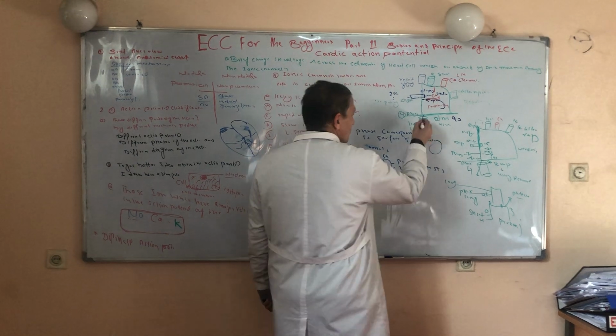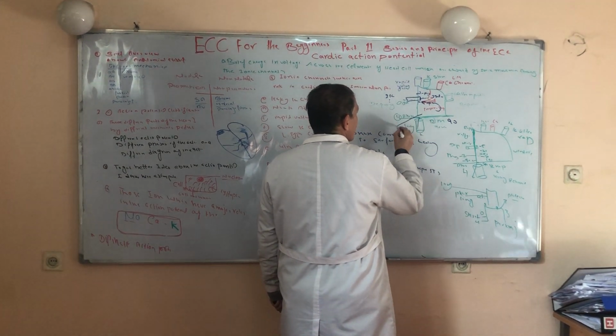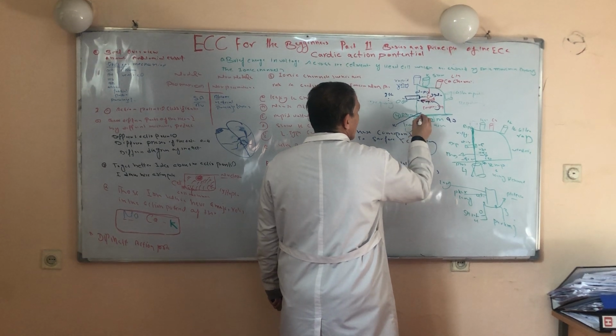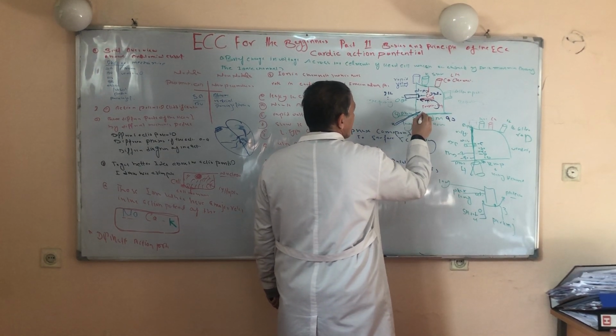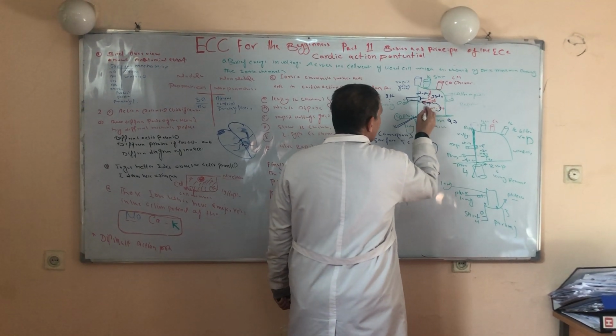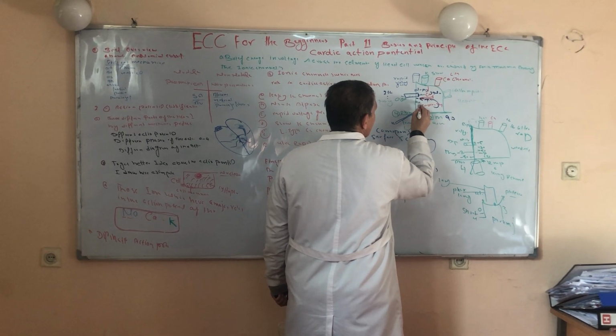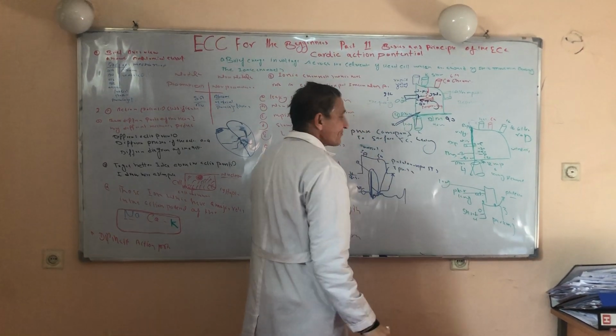As soon as the leaky potassium channel is open, potassium leaks from the inside of the cell to the outside of the cell, and this minus 5 millivolts becomes more negative, for example, to minus 30.